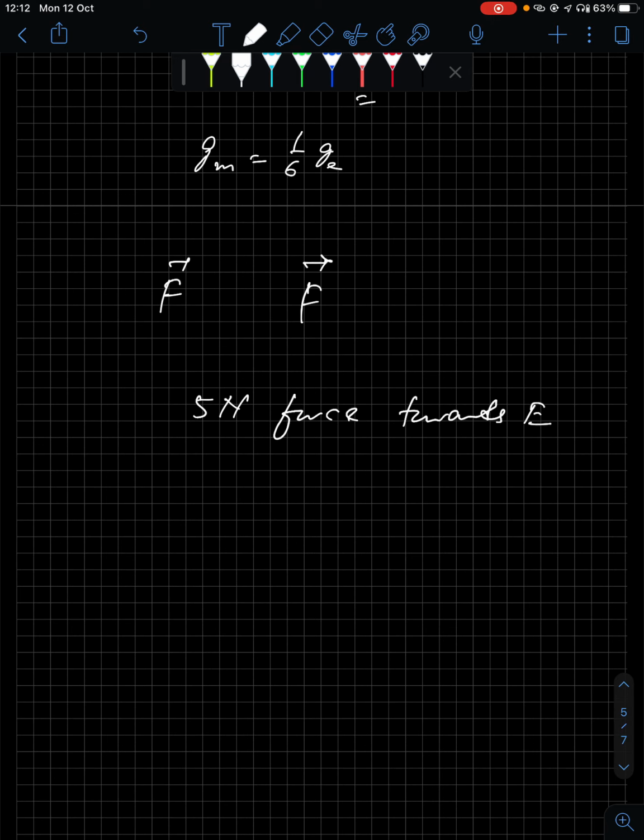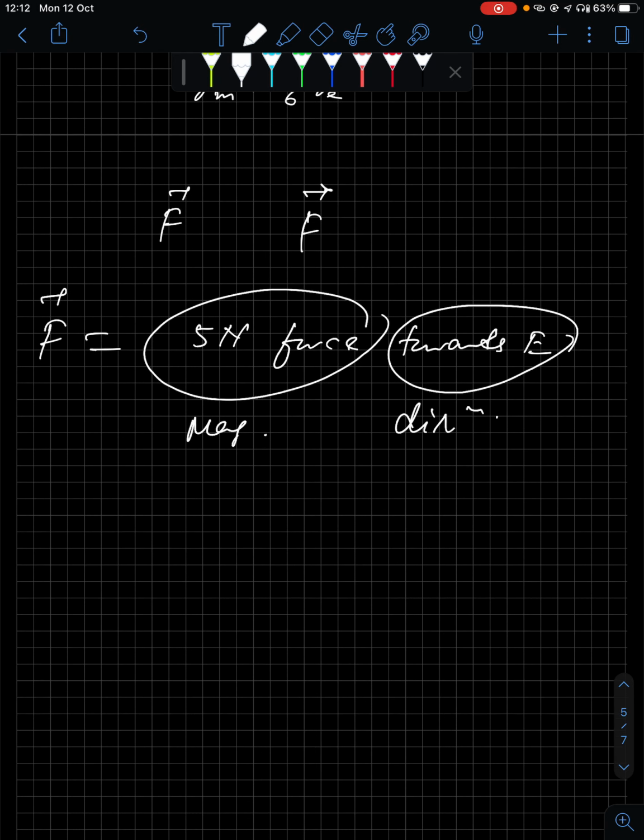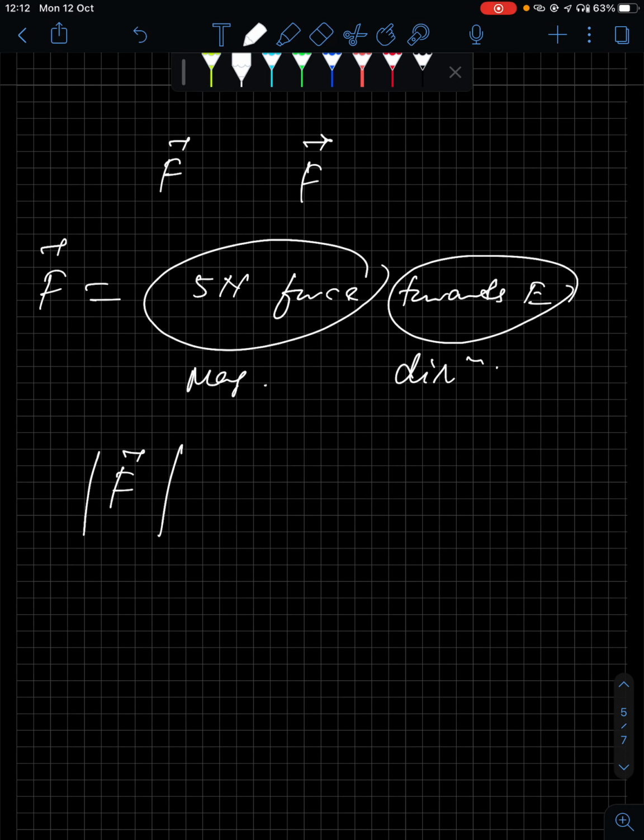This is the magnitude part, and this is the direction. So both things are contained in this F value. If I ask for the magnitude of force, I write it with the modulus sign, two lines on either side. So the magnitude of force is F only, which will be 5 Newton. You don't mention the direction when the magnitude is asked. I hope this is clear.